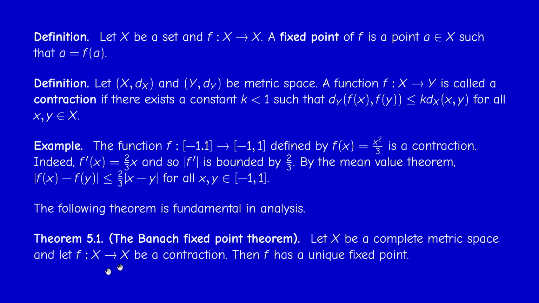It's very important, and I will go back to this later. So the target space and the source space must be the same. And F is a contraction, so in particular, it's continuous, because contraction means Lipschitz continuous, means uniformly continuous, means continuous. Now, the proof is not very difficult, but it illustrates the use of completeness.